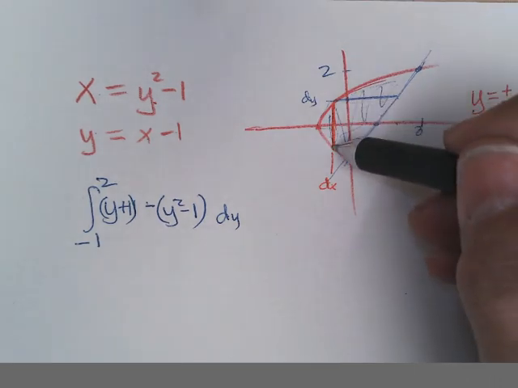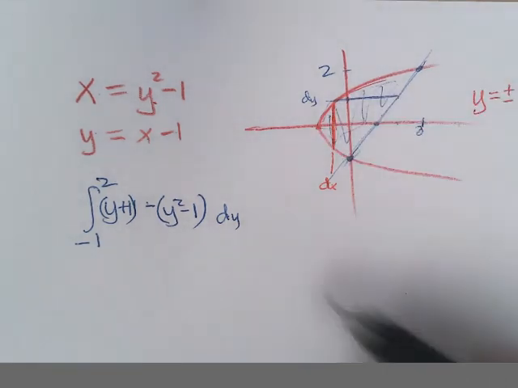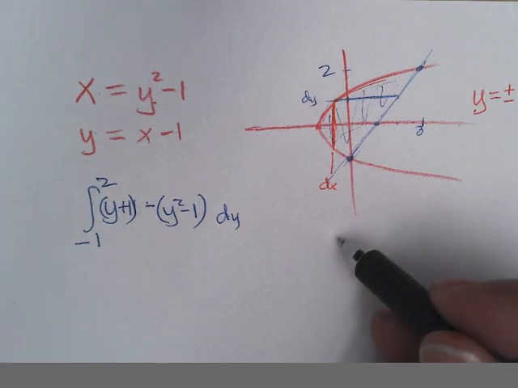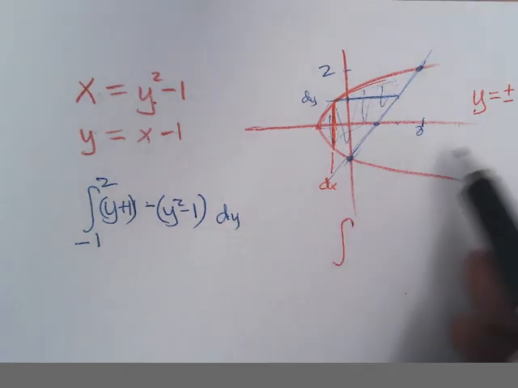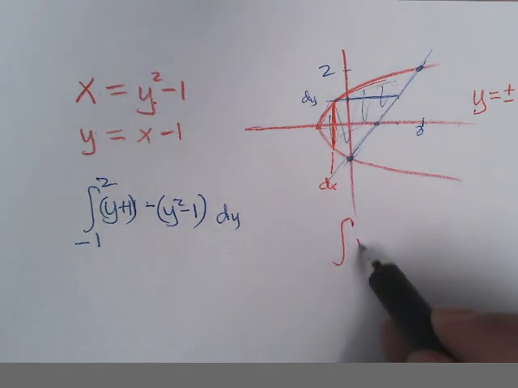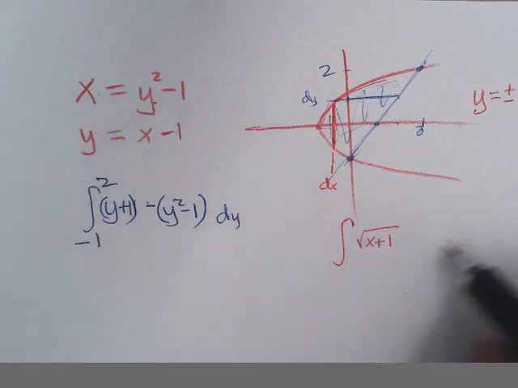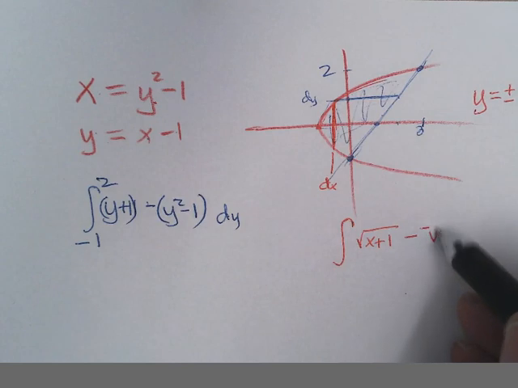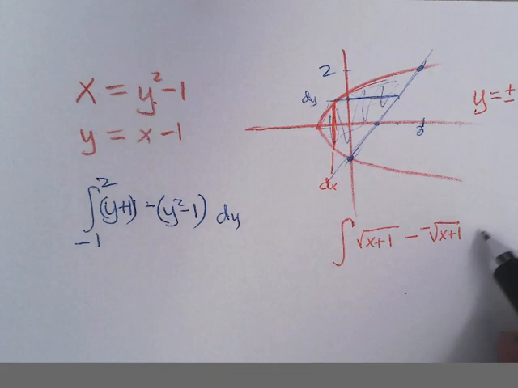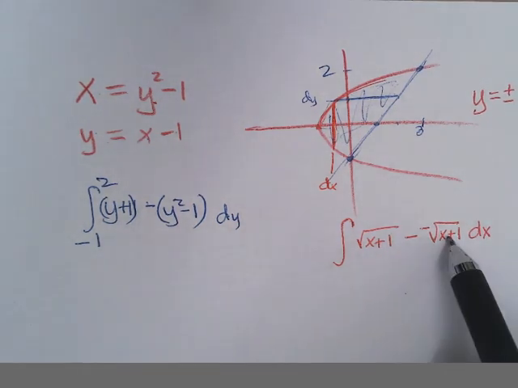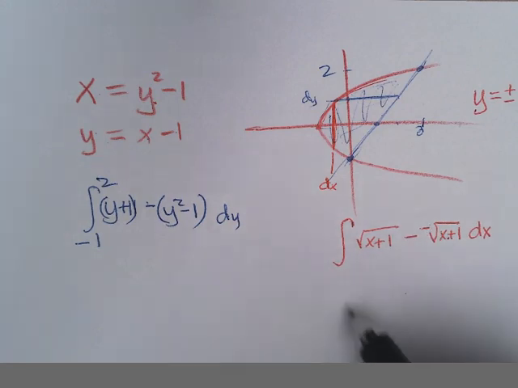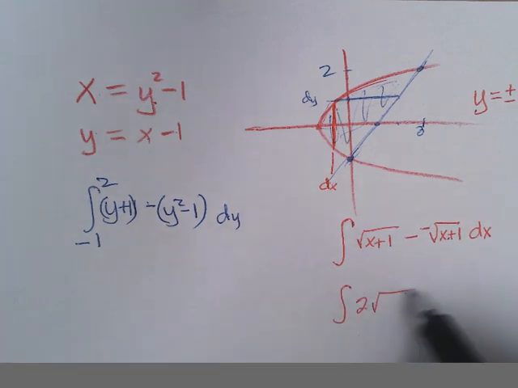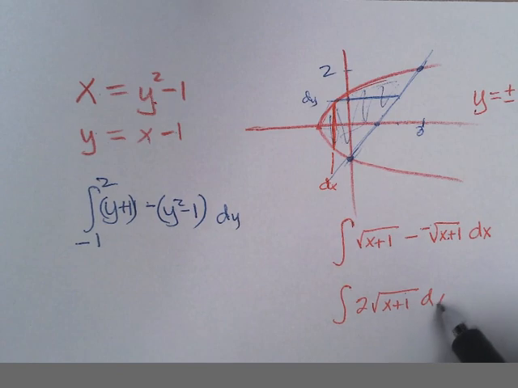So to find the area between, I take the top one minus the bottom one, and the bottom one is negative square root of x plus 1. So I'm subtracting a negative, and the widths are dx. I'm subtracting a negative, so it's like adding it again, and so I have the integral of 2 times the square root of x plus 1, dx.